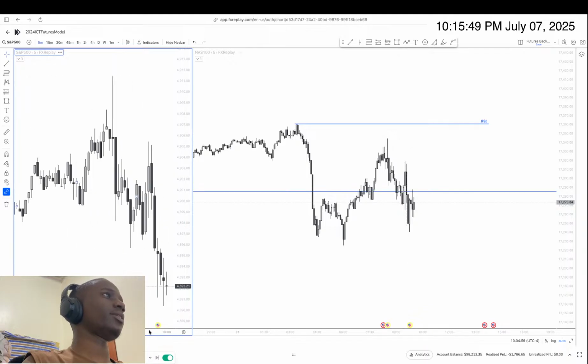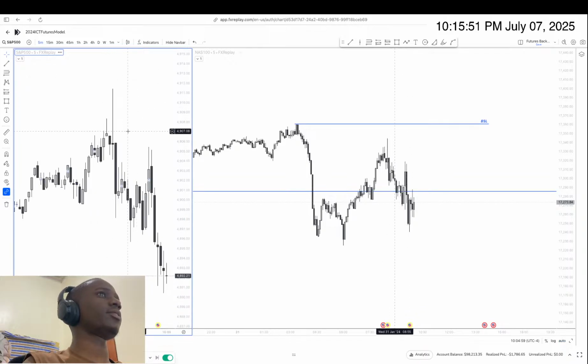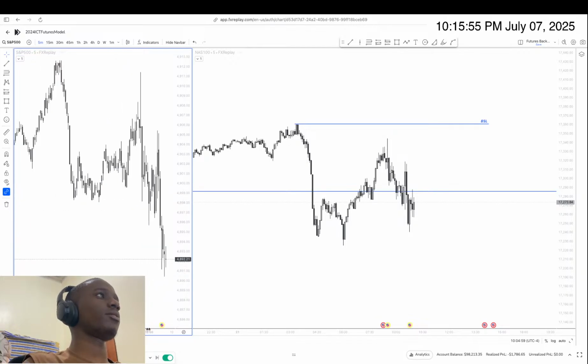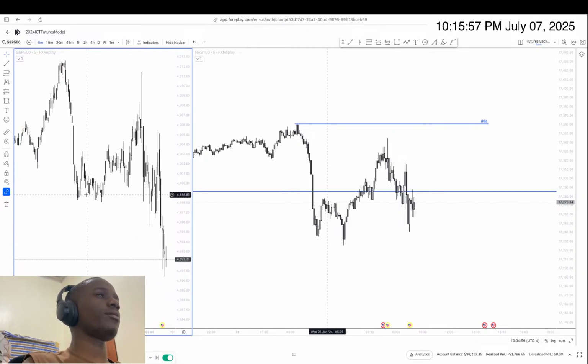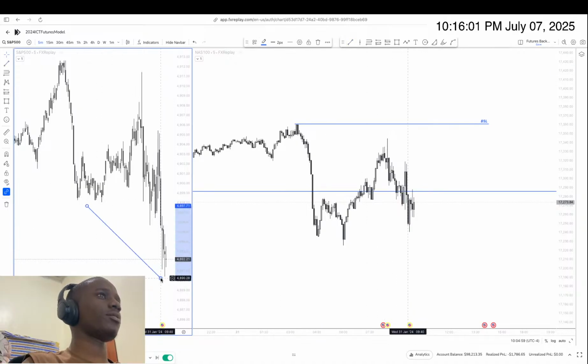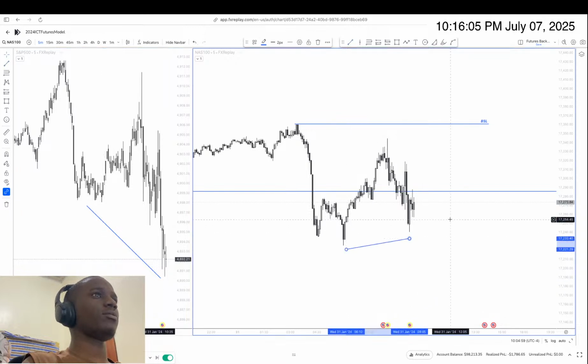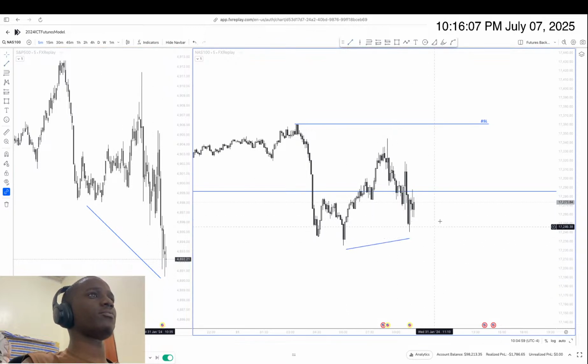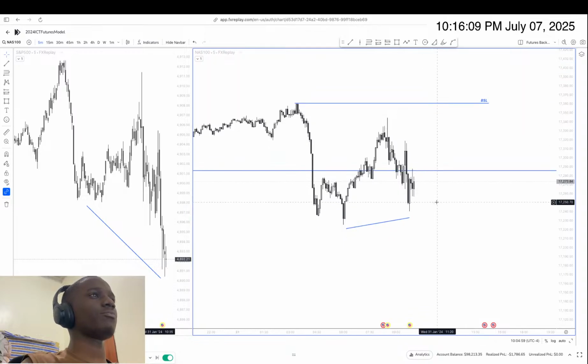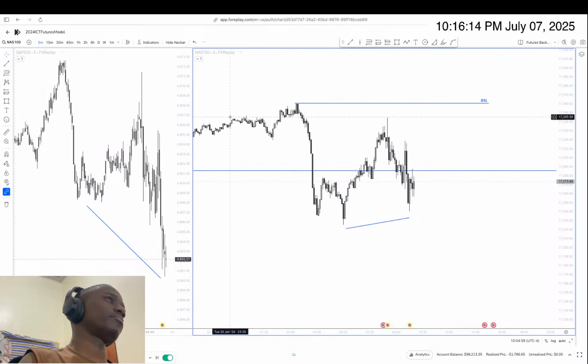So price isn't that aggressive. S&P does basically the same thing, although here below we have kind of an SMT, from here to here, and from here to here, signaling the price might push higher instead of respecting our daily fair value gap.